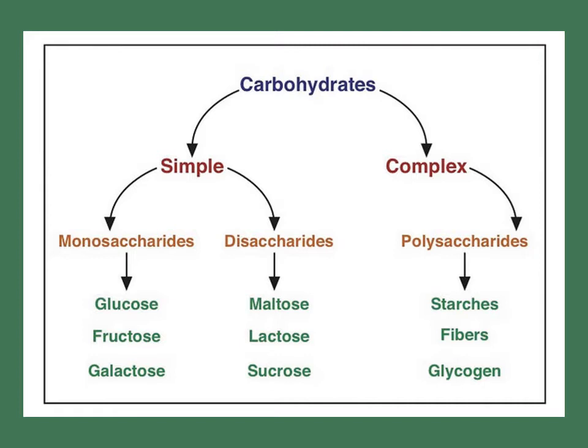So simple sugars are typically just one or two sugar molecules. And if it's two sugar molecules, they're attached with a bond, right? So sucrose, lactose, maltose, those are all just simple sugars you can eat.